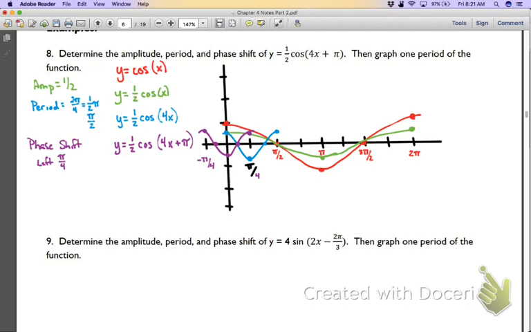And then the last thing we did, since it was a positive in here, we just took it to the left, pi over 4, and we just shifted everything over. The reference point there at -1/2 was at pi over 4 already, so we just shifted it over pi over 4, which just put it on our x-axis, or y-axis, excuse me.